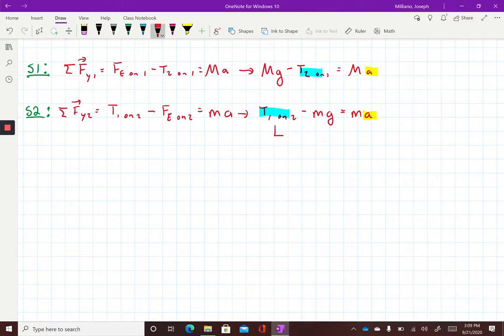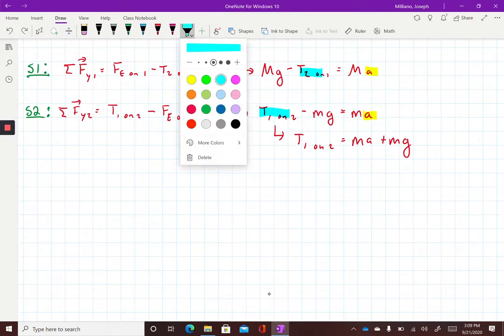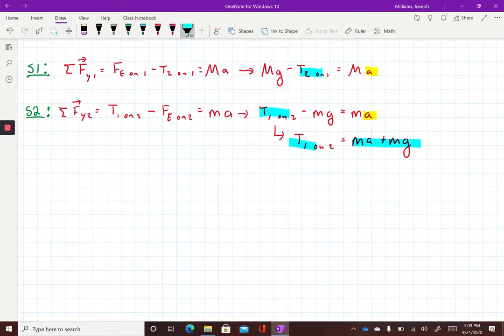This equation becomes T1 on 2 is equal to little m times a plus little m times g, adding this mg over to the other side of the equal sign. This expression we said is equal to this tension. So we can plug in ma plus mg for tension 2 in that first equation, which is what we're going to do now.